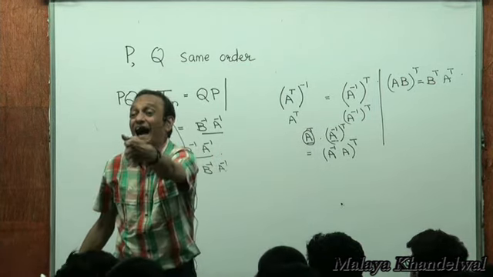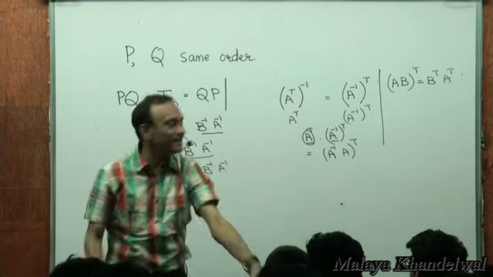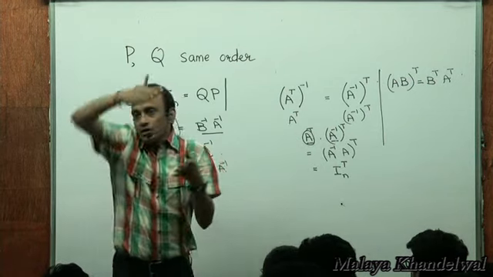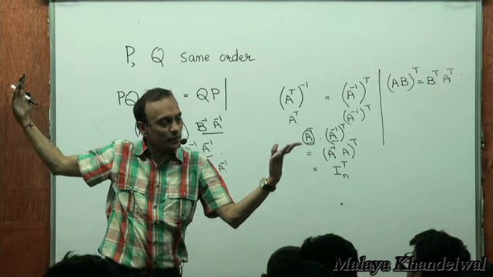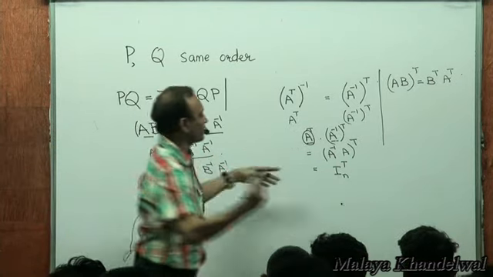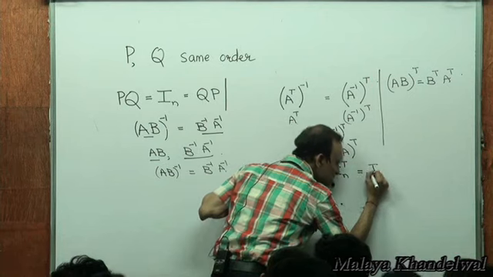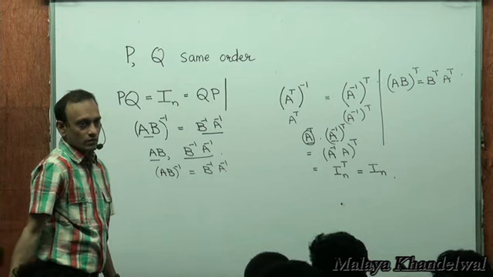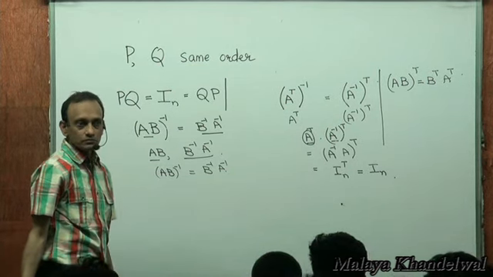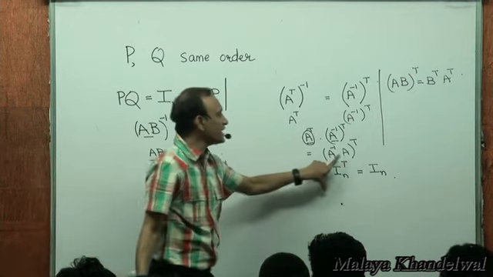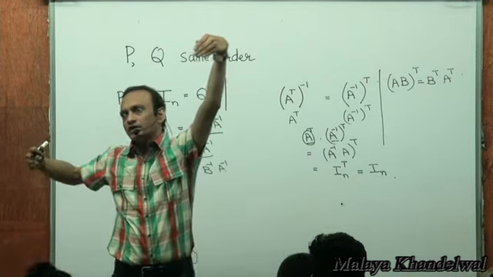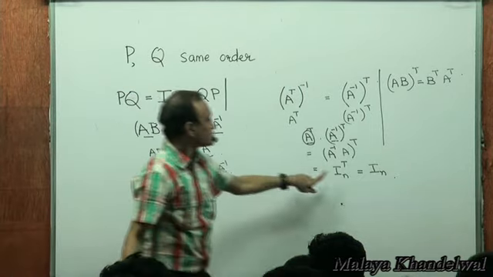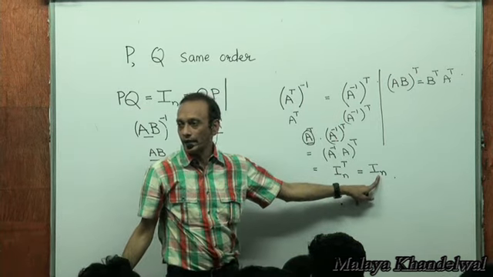But A inverse A is I. And IN when transposed will be IN. If an identity matrix is transposed, it will remain unaltered. Yes or no? It will retain its status. Sounds good? A inverse A is I, and when an identity matrix, a diagonal matrix, is transposed, it'll look the same, right? So IN transpose will always be IN, right?